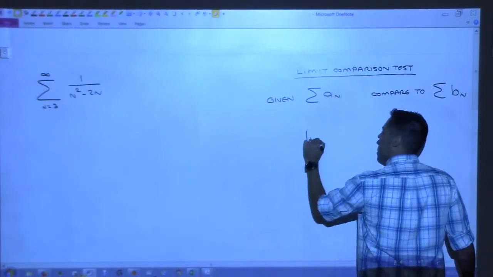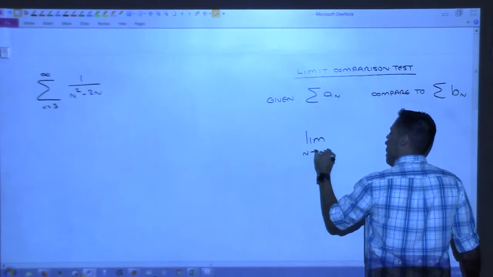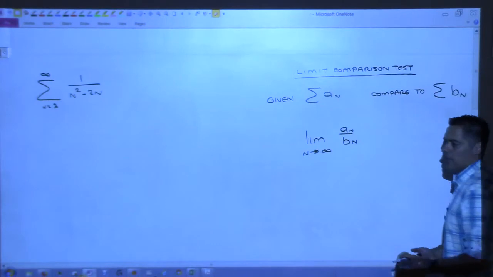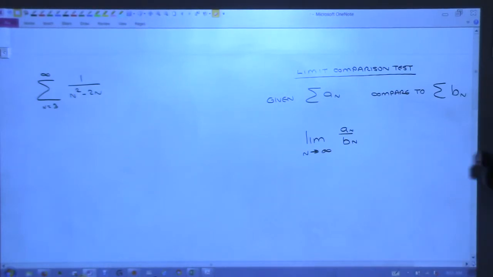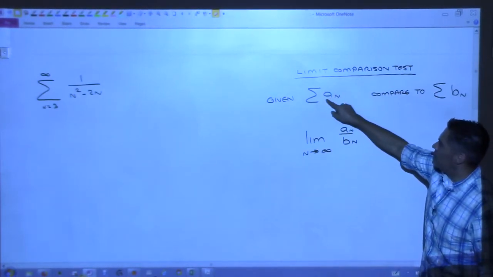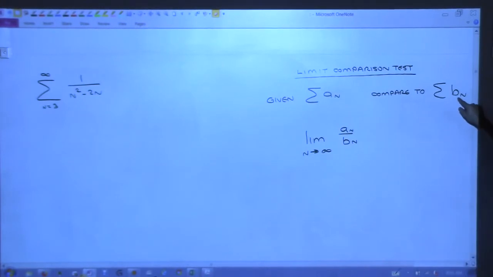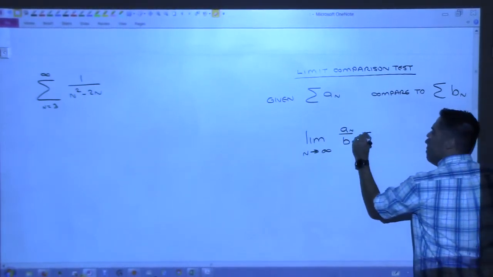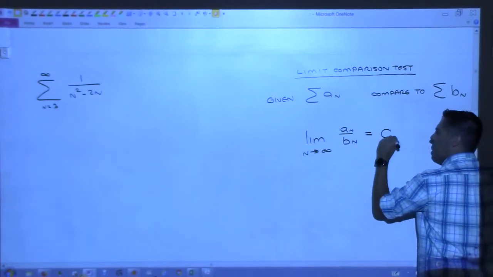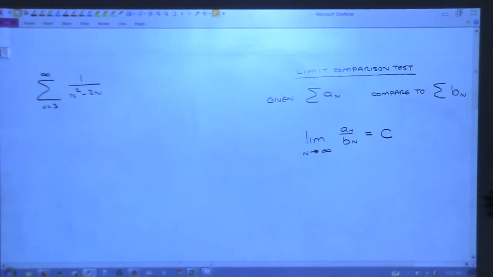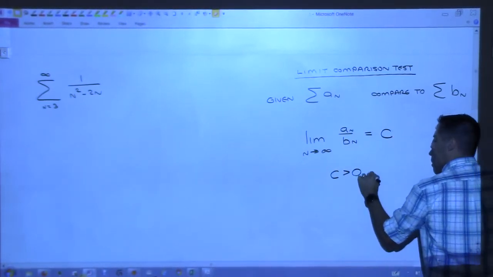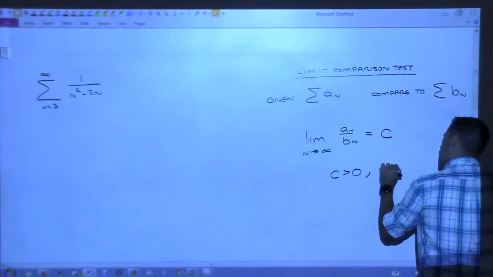Just take the limit as n goes to infinity of a sub n over b sub n. Okay, so it says take this sequence right here, divide it by this sequence, take the limit as n goes to infinity, and hope to get a constant c, where that c is a positive number and not infinity.